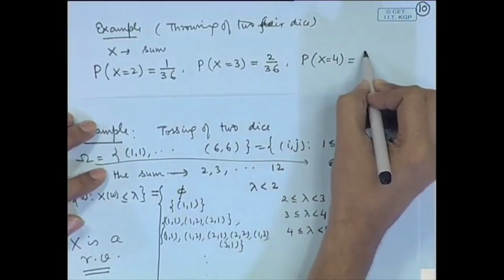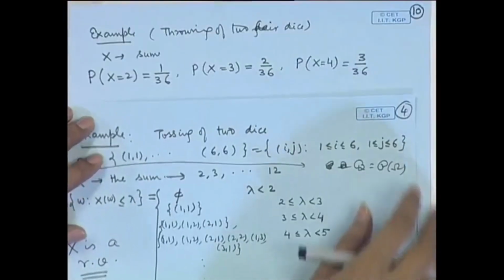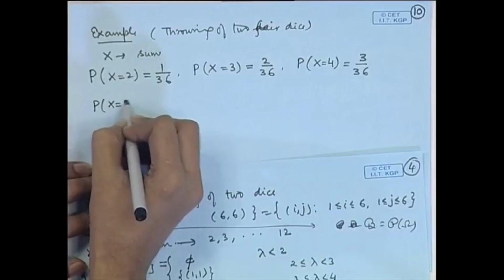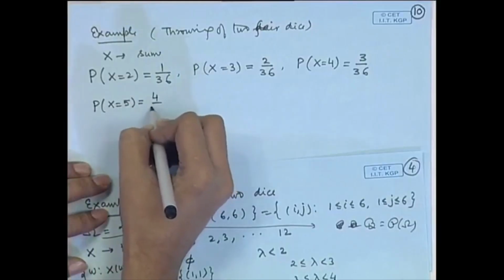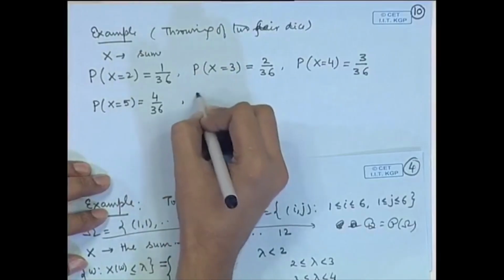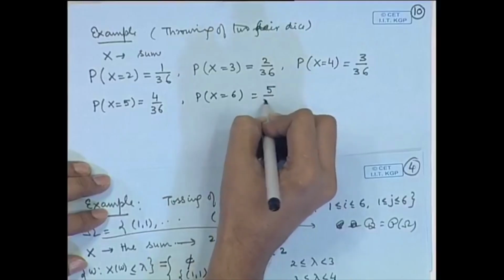There are 3 possible outcomes. In this fashion, the probability of X equal to 5 is 4 by 36, with outcomes 1 4, 4 1, 2 3, 3 2. Probability of X equal to 6 is 5 by 36.